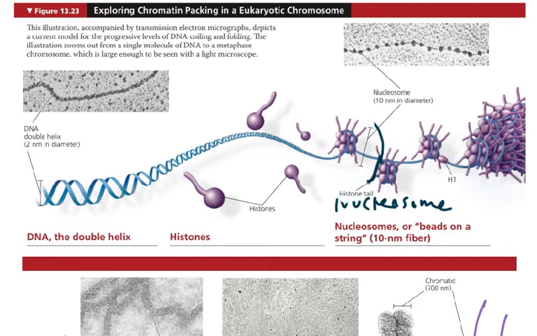So when chromatin is really tightly wound up, we call that heterochromatin. So heterochromatin is going to be this really tightly wound up, inaccessible type of thing, because if your chromatin is really packed up like this, it's going to be really hard for RNA polymerase to get in there and transcribe the DNA into RNA so it can get expressed as protein, right?